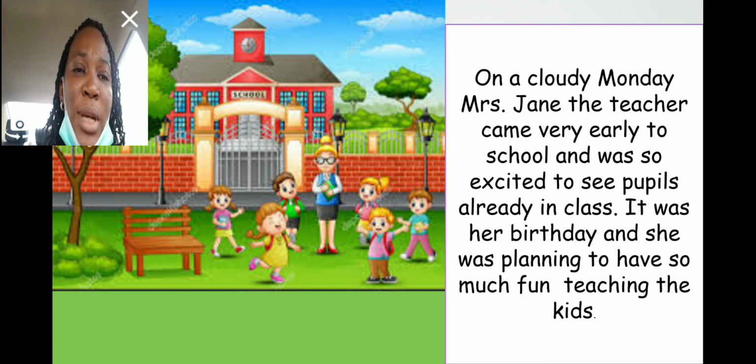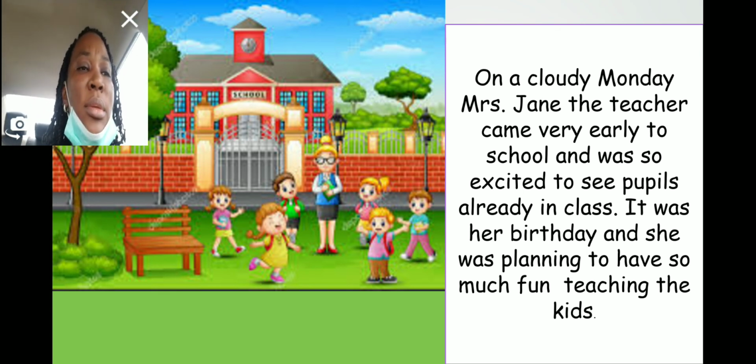Look at the pictures. You can see children and you can see a teacher standing in their midst. So on a cloudy Monday, Mrs. Jane, the teacher, came very early to school and was so excited to see the pupils already in class. It was her birthday and she was planning to have so much fun teaching the kids. Okay, she's the main character. Now, look at the characters.